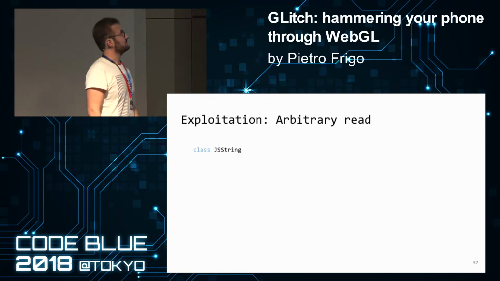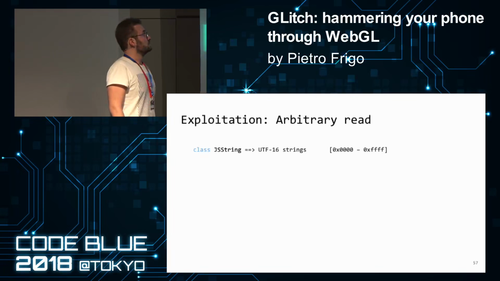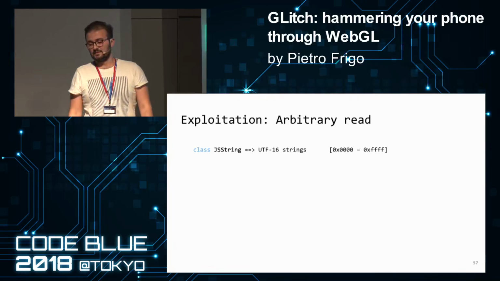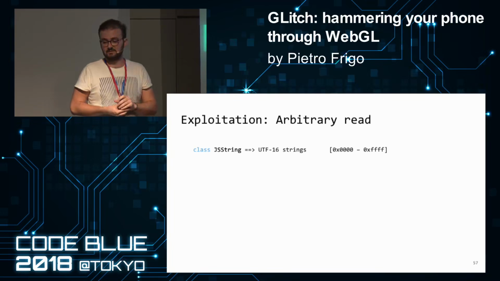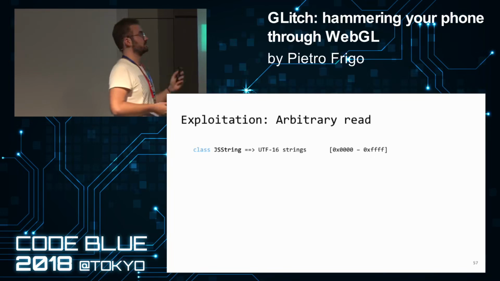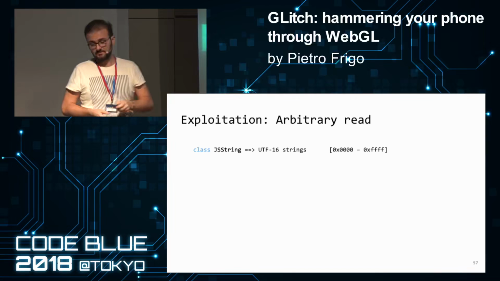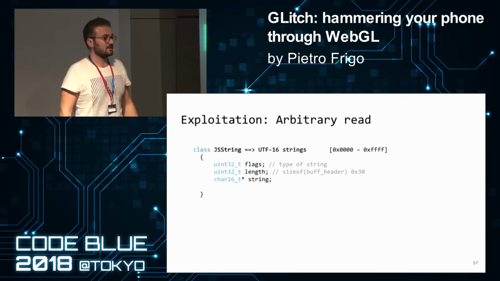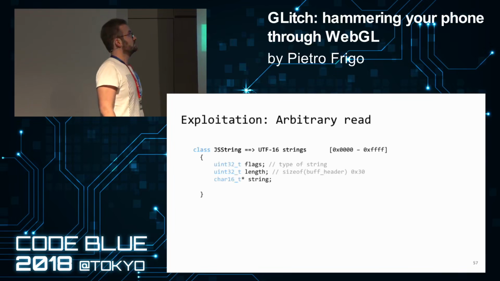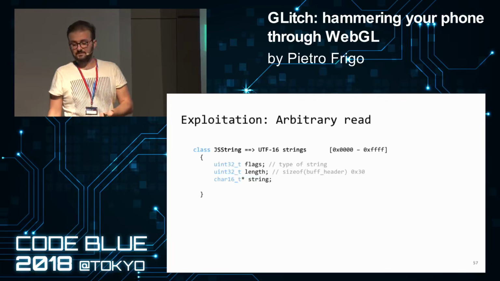And the way we do this is by using JavaScript strings. So Unicode strings can read any value in 16 bytes, so you can read anything from 000 to FFF. And the way this class looks is you have a flag, which tells you what type of string you have.